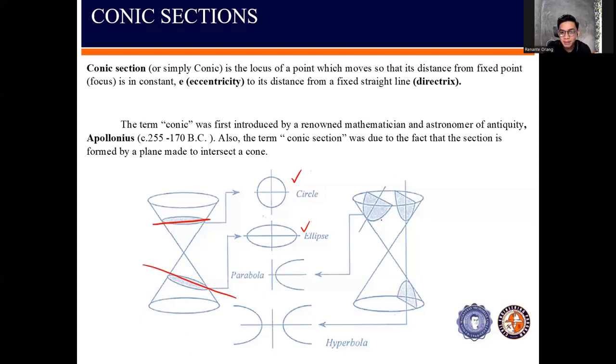Next one, a parabola is produced if we cut in a diagonal side but going towards our base.